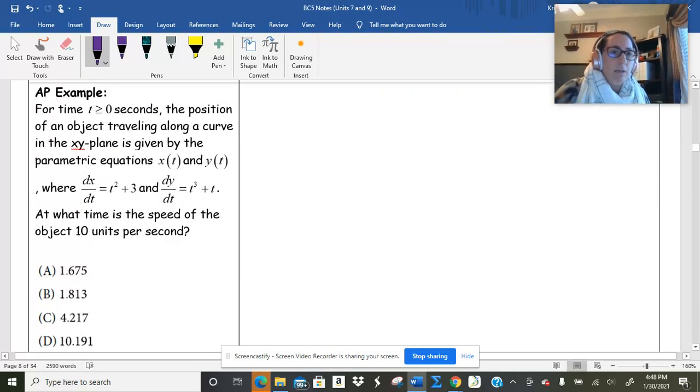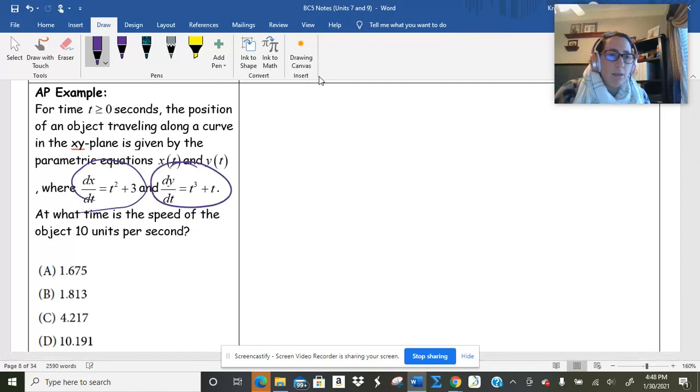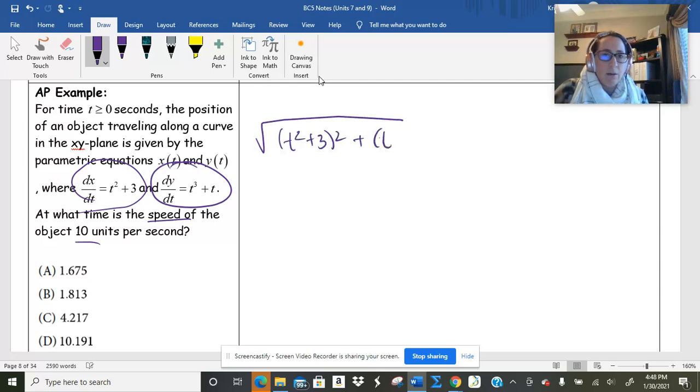Okay, next one wants to know, so they give me some information. There's my dx, there's my dy, and they want to know when is speed 10. So this one's a little bit different. I'm going to set up my speed, and instead of plugging in 10, I want to know where it equals 10.